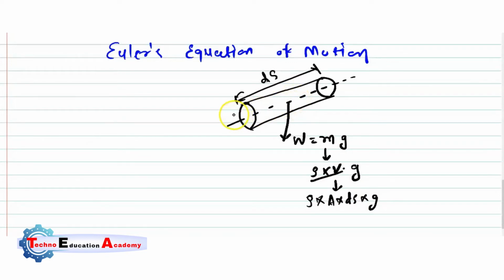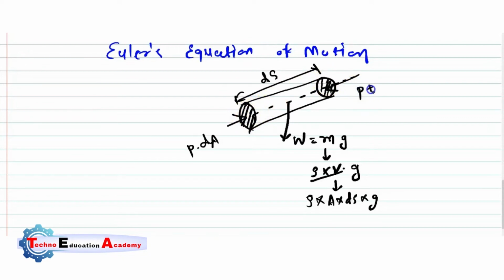Now we can consider pressure force in both directions, perpendicular. Pressure force P into dA. Here it is the area dA. Here also area dA, but this is ds length. After the ds length, inside the fluid element there is a change in the pressure from the inlet to outlet.